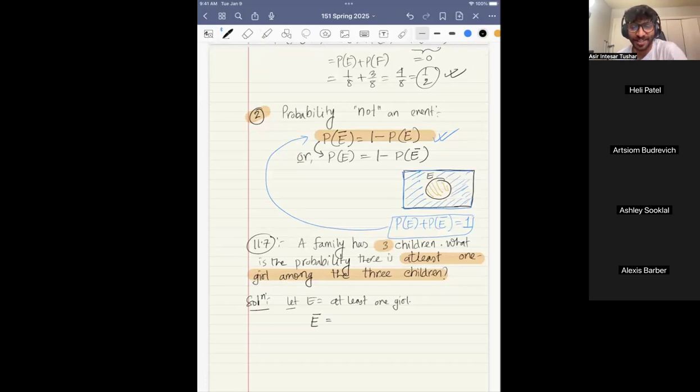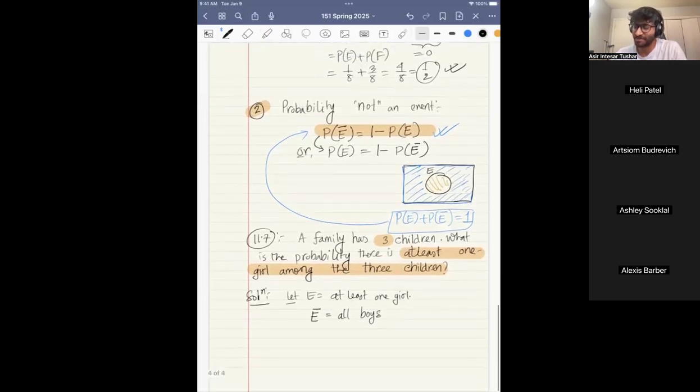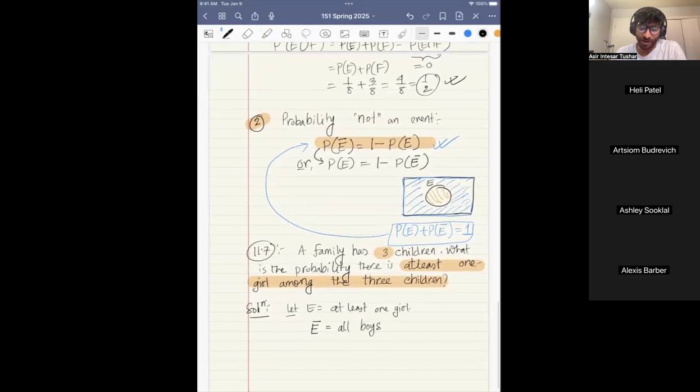No girls. That means all the children are what? Boys? Yeah, exactly. No girls. This problem is similar to the white and purple flowers. Same logic. Okay, all boys.